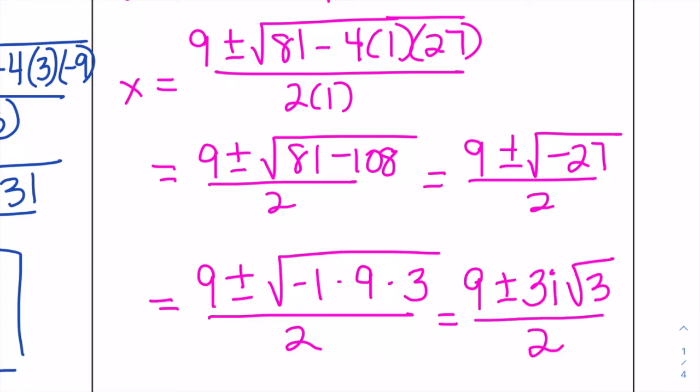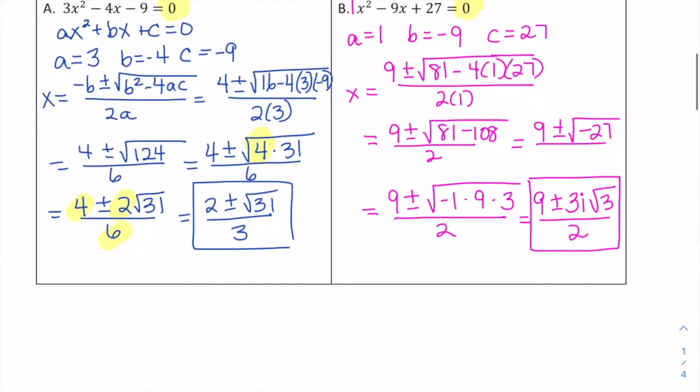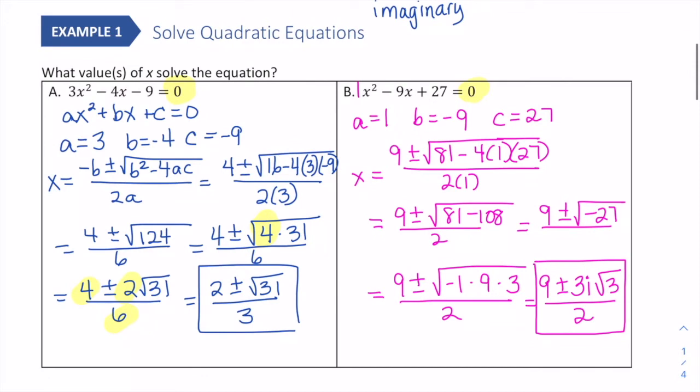Now looking at those numbers 9, 3, and 2, there's no common factor for all three of them. So your answer is just going to be 9 plus or minus 3i root 3, over 2. Okay, so that has two imaginary roots. You can see it has the i, so this is two imaginary.